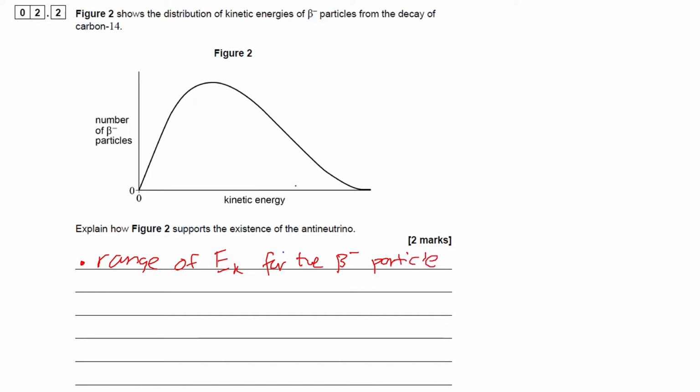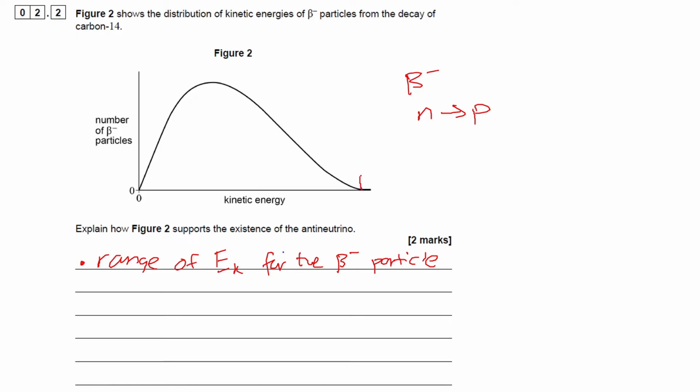Now the thing is, all beta decay is the same. In beta decay we know that a neutron turns into a proton, as we described in the first question. So regardless of what nucleus is undergoing beta decay, it's always the same process: a neutron turns to a proton and releases a beta minus particle.